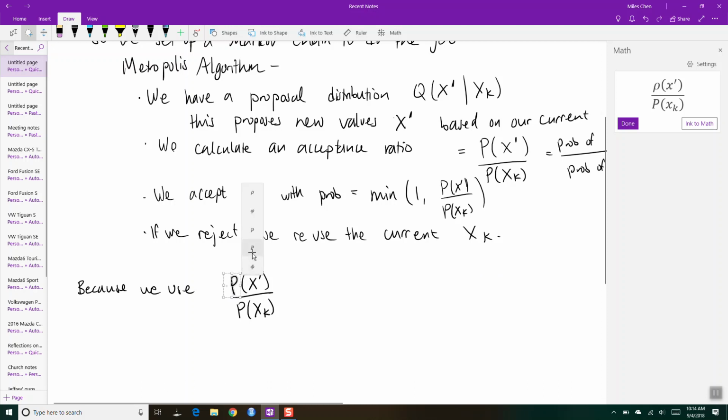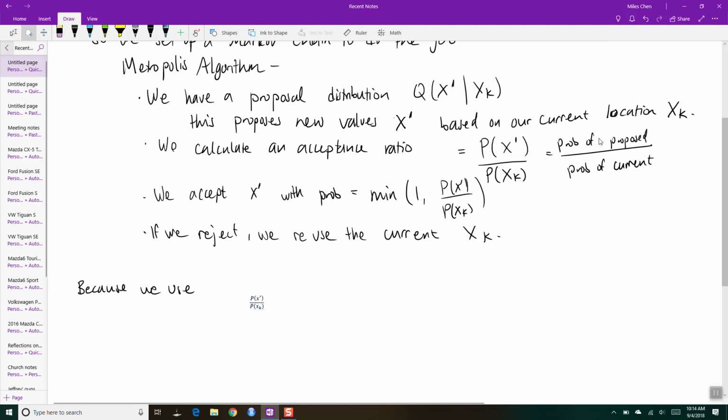I want the big P here also. Whoa, all right. Done. Okay. Ink to math. Oh, wait. Okay. I want it bigger though. All right. Oh gosh. Okay. Oh, I don't know how to use my computer. How do I make this bigger? Okay. Well, all right. We'll stick to the pen. I know how to use that.